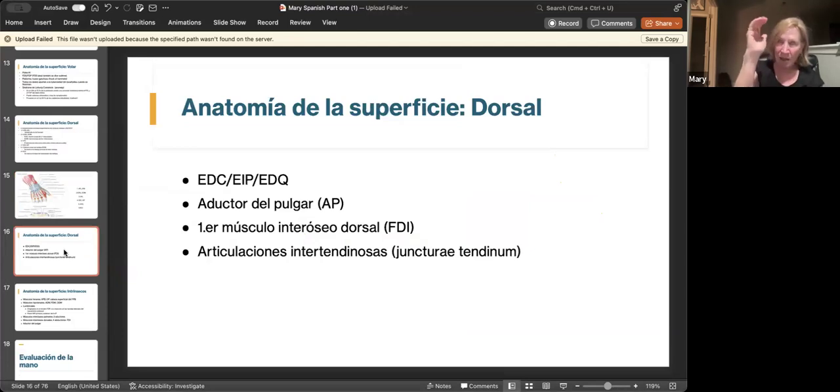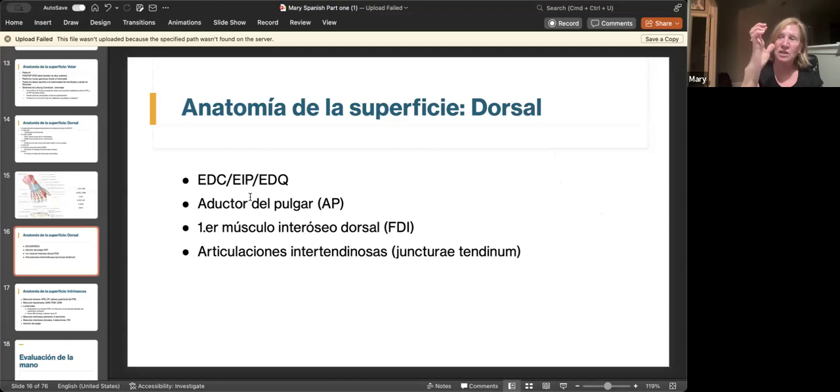So we talked about the profundus being a quadriga muscle, that if you flex the tip joint, they all have to work together. Well, the other quadriga muscle is the extensor digitorum communis, EDC, and it has to work together. Its job is to extend the MCPs. That's the EDC, and it extends all of them.